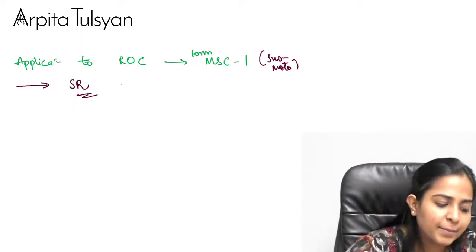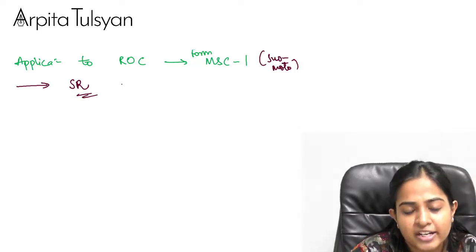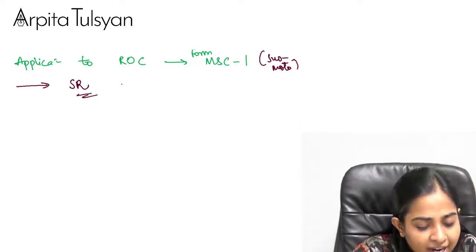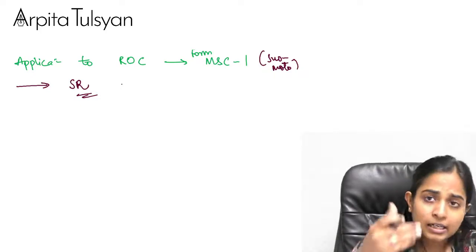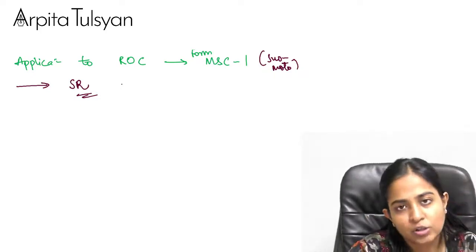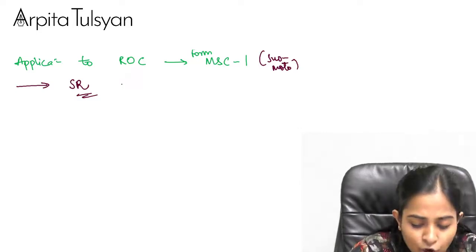So the majority of the shareholders, by way of a special resolution, should agree that we wish to make an application to the ROC for getting the status of a dormant company.